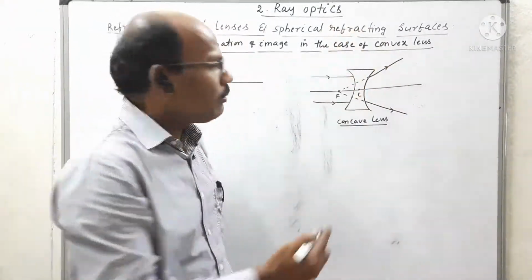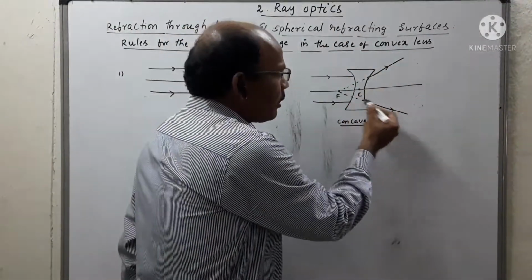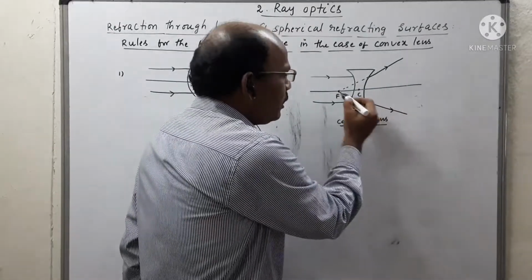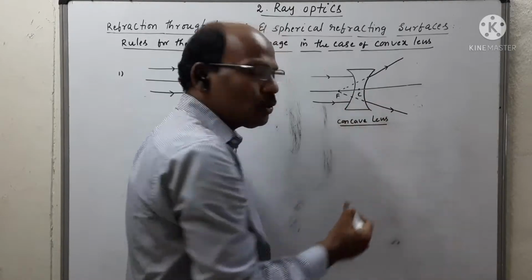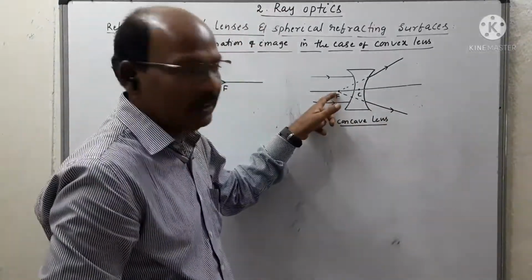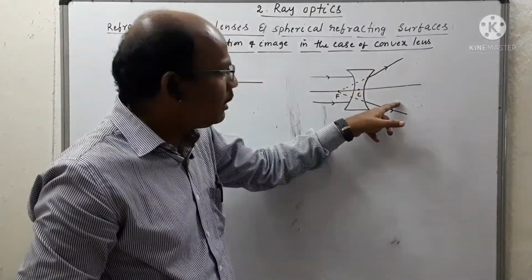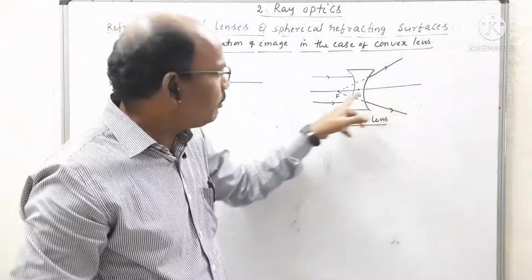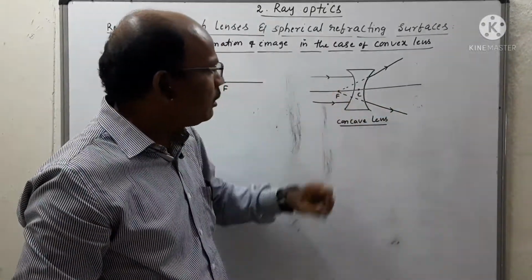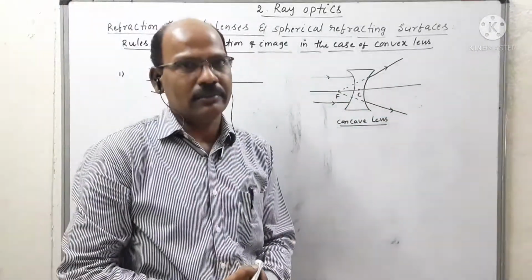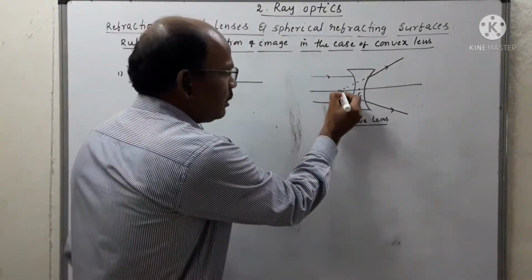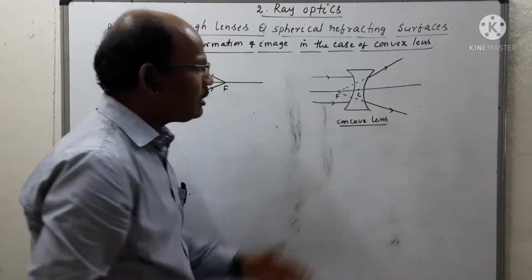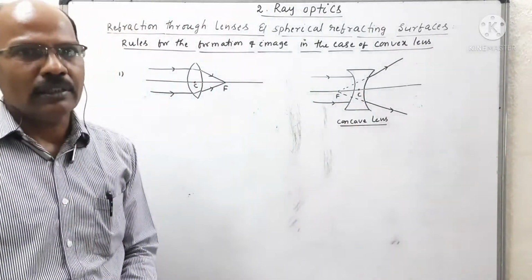But we can extend the refracted rays in the backward direction. So these two rays appear to be coming from this point. So these two refracted rays diverge from this point. So this point is also called the focus. This is the formation of the image at the principal focus in case of concave lens.